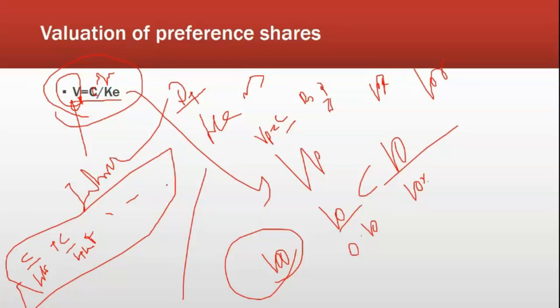So there are two different calculations. For irredeemable, perpetual shares, it is C divided by R or C divided by KE.